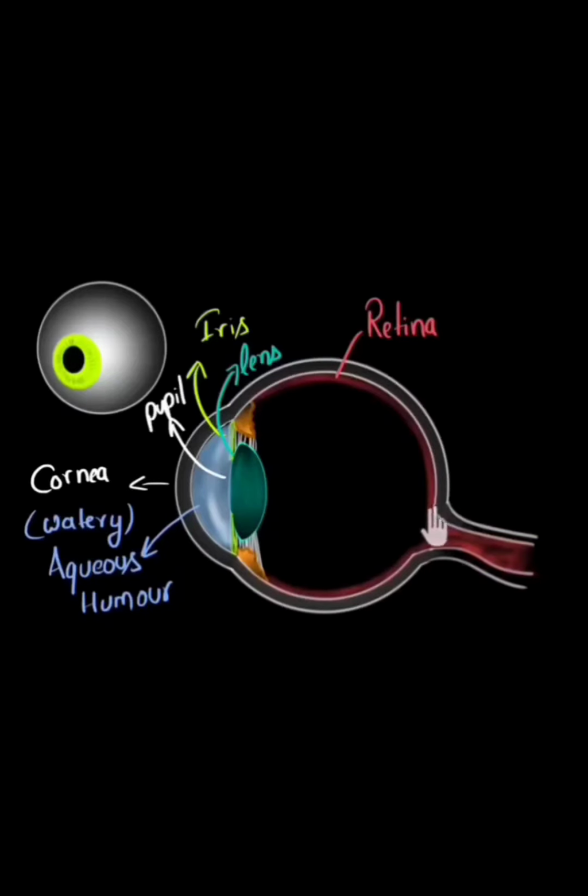The image seen through the eye is formed on the retina. The retina consists of nerves known as optic nerves. These nerves transfer the signal of the image formed on the retina to the brain.